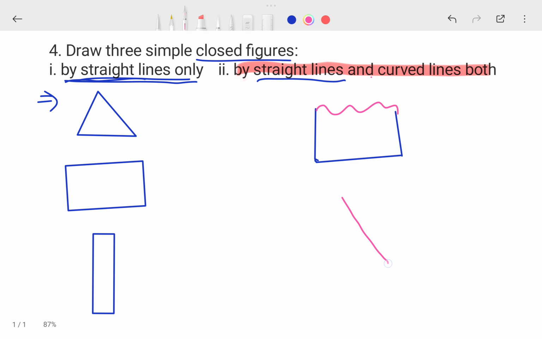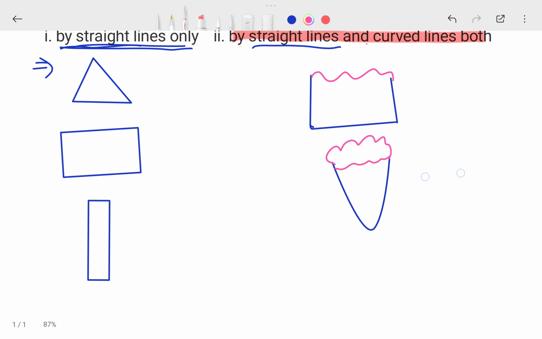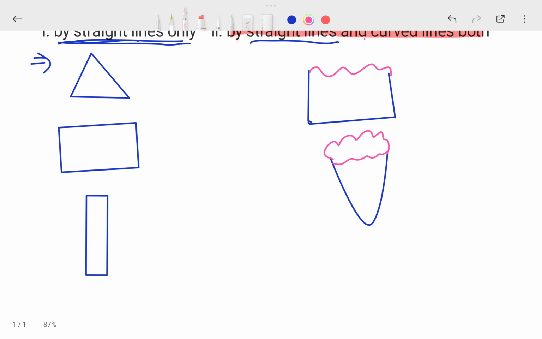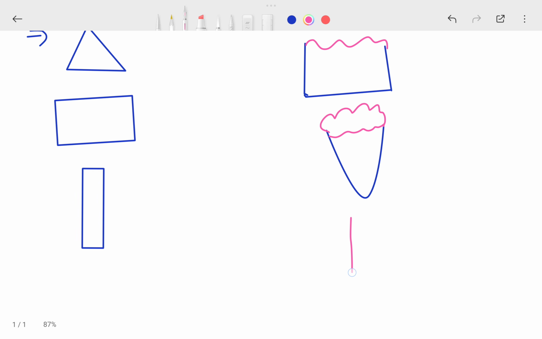Otherwise you can make another closed figure like that. Take like this and like this, one V shape, and after that you can draw like this. This is an ice cream figure. One closed figure. And another one you can make something like that. Just wait, I'm just looking at this.